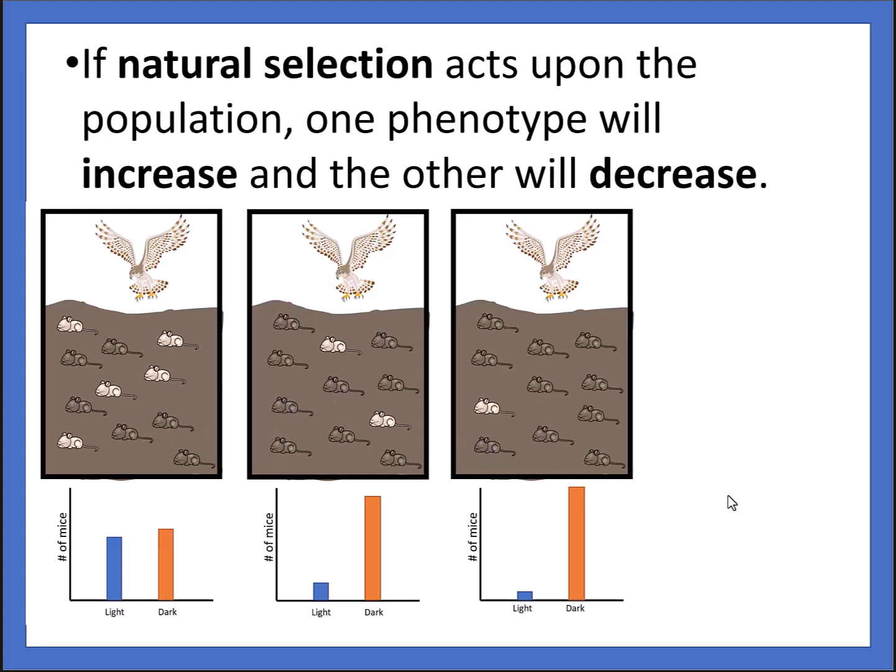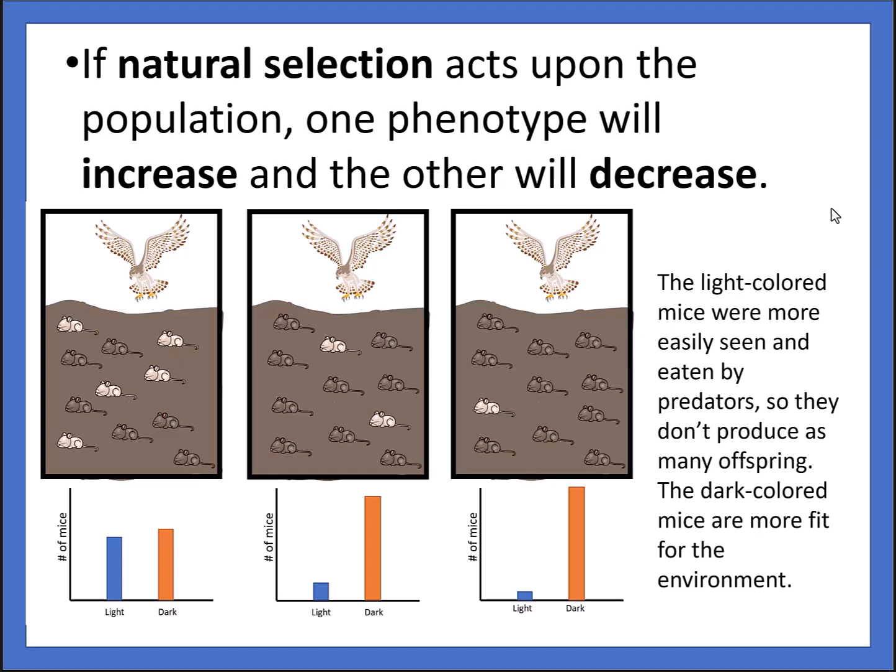If natural selection acts upon the population, one phenotype will increase and the other will decrease. So here we have a predator. If this is our original population, light-colored mice are seen more easily and therefore eaten by predators, so they don't produce as many offspring.